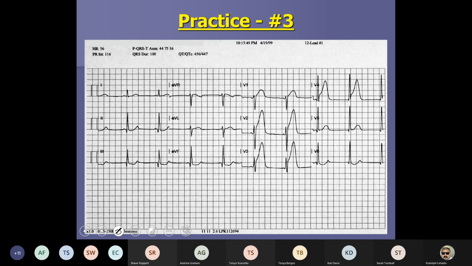Scott Watson. Yes, sir. All right. I was hoping you were there this time. Yep, I did not fall asleep. All right. Walk me through what we're looking at. Looks like we got narrow QRS, we're a little bradycardic.